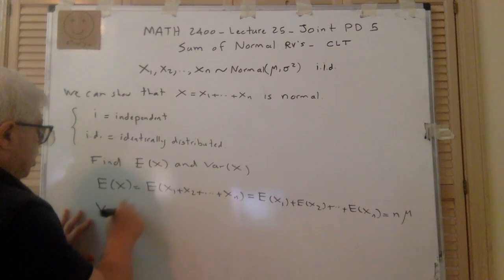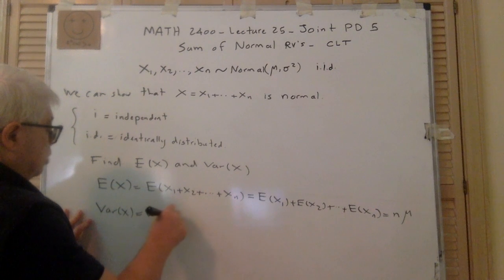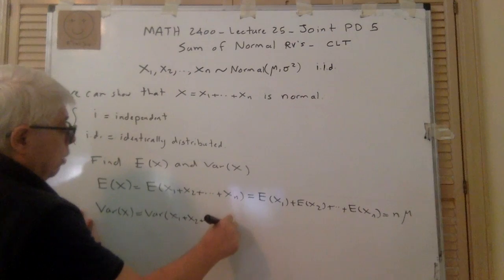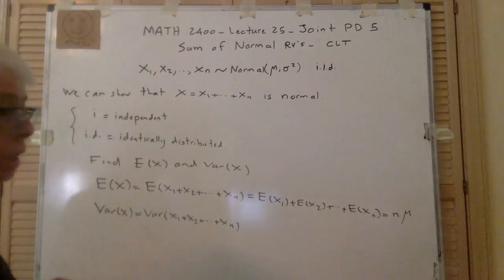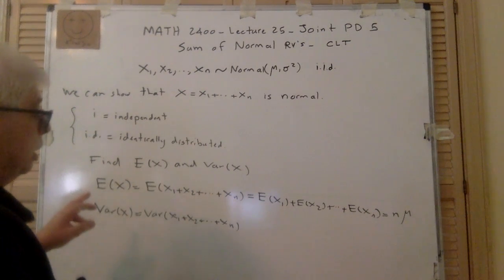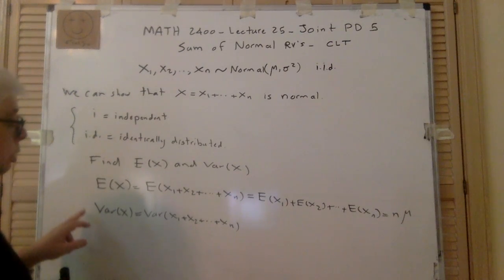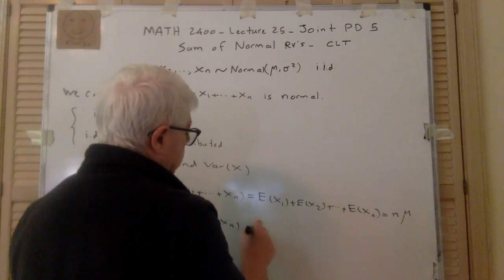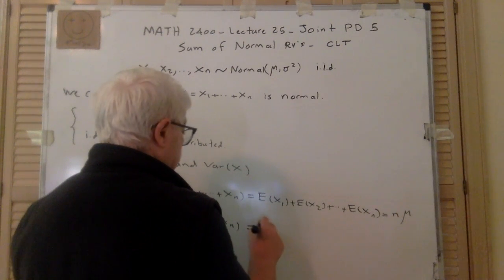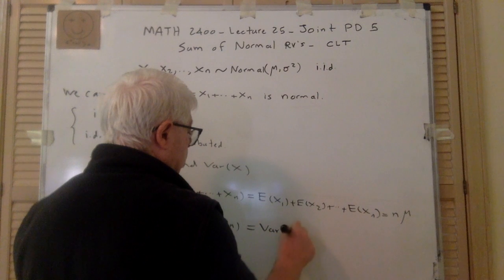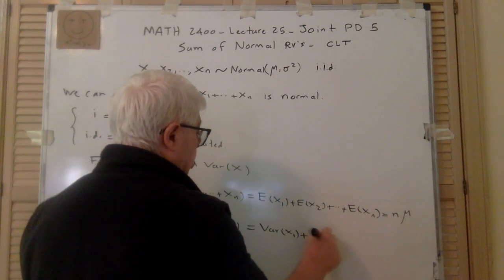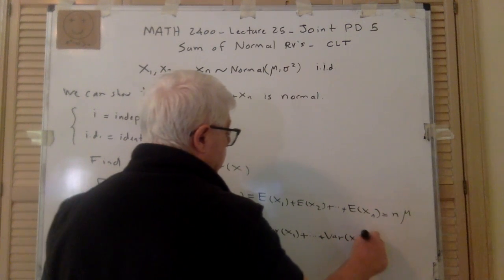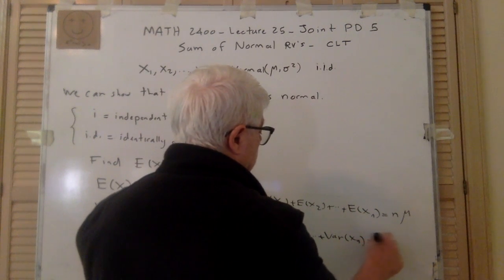Variance is the variance of X1 plus X2 up to Xn. Now for variance to split like that, we need independence. The expected value doesn't need independence, but this one needs independence. So this also splits as the variance of X1 up to the variance of Xn, and that is n sigma squared.